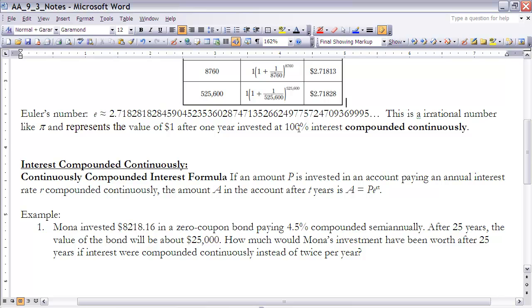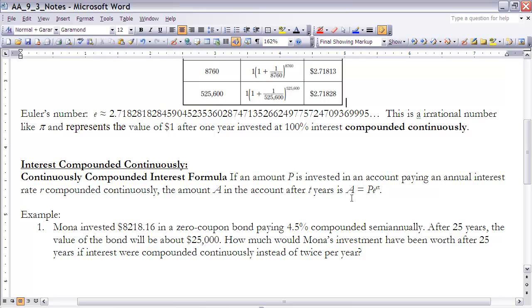So let's look at the continuously compounded interest formula. If an amount P is invested in an account paying an annual interest rate of r, compounded continuously, the amount in the account after t years is A equals P e to the rt.